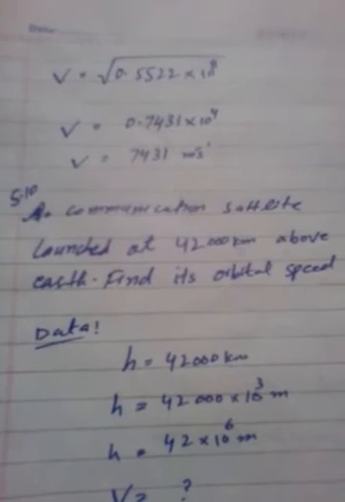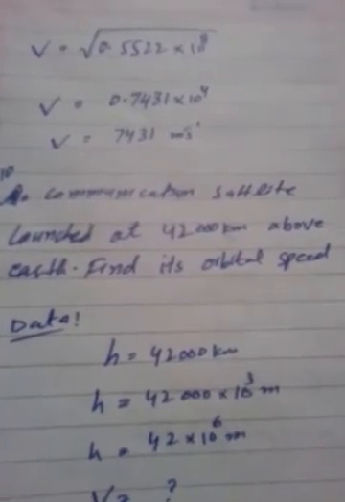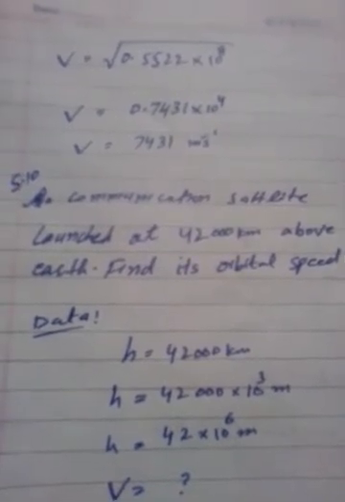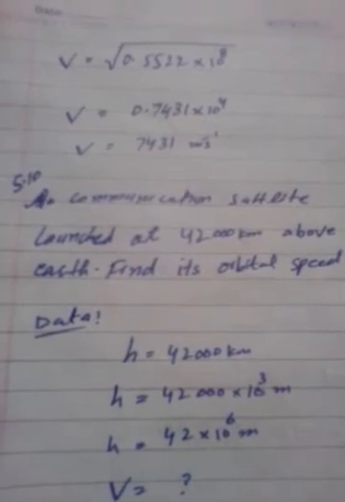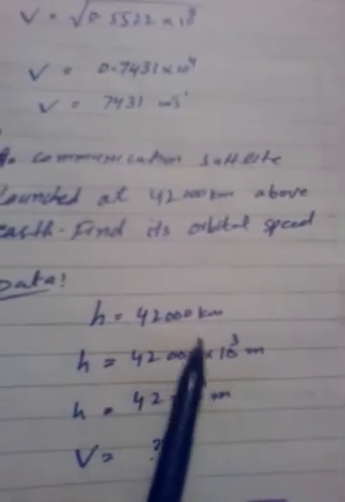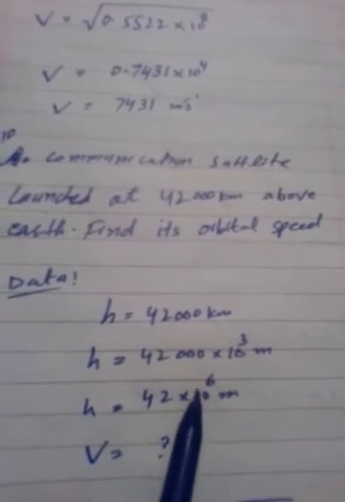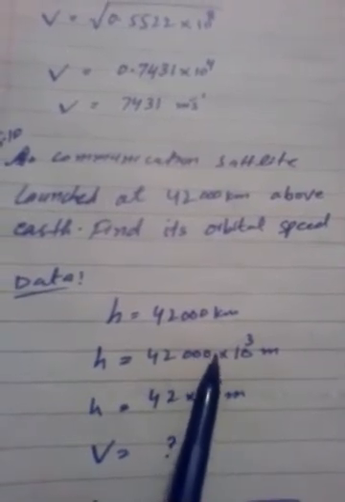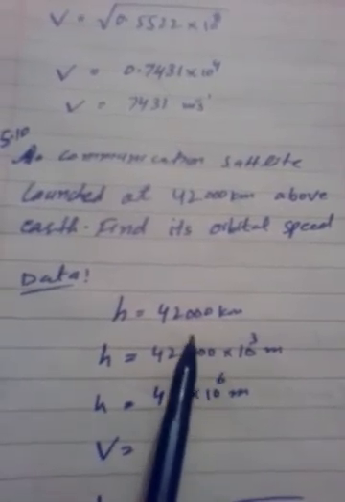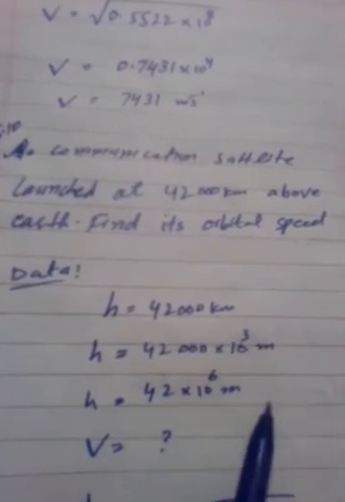A communication satellite is launched at 42,000 km above the Earth. Find its orbital speed. This problem 5.10 is also similar to 5.9. As height is given, that is equal to 42,000 km, kilo is replaced by 10 raised to power 3, and the point is shifted from right to left, and when it crosses 3 digits, it will become 10 raised to power plus 3.